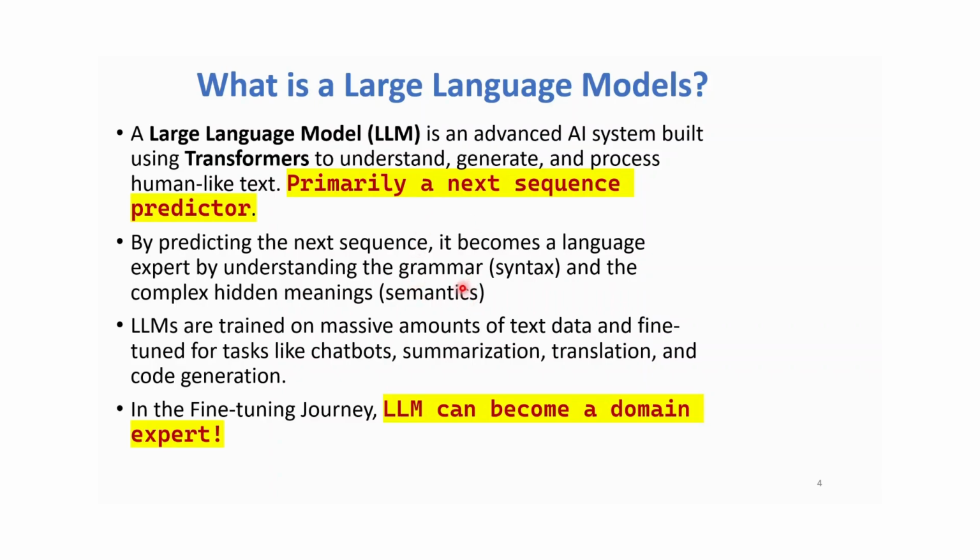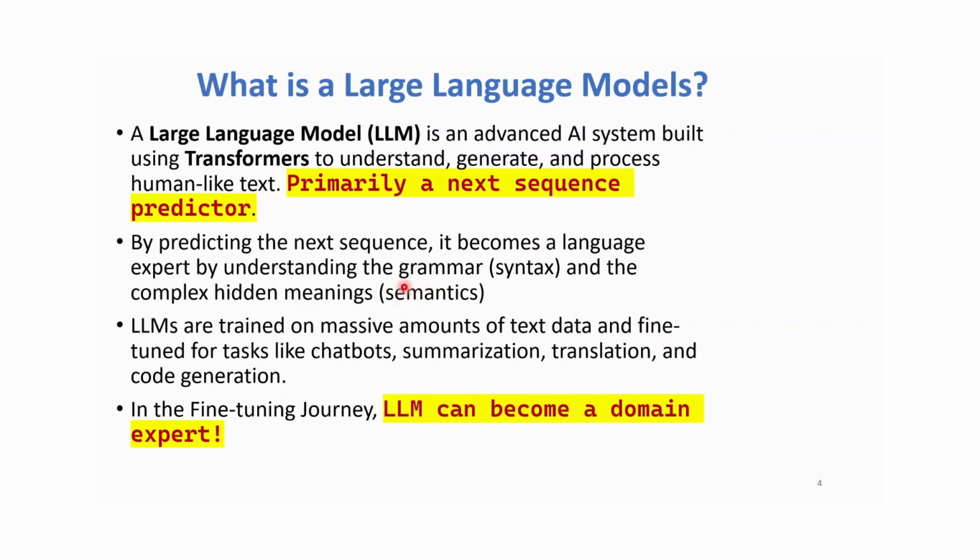Okay, so when a large language model is built for predicting the next sequence, in this journey it becomes a language expert. That's what we need to understand, because when someone is able to predict the next sequence, what it inherently means is that they can understand the grammar, that is the syntax of the language, and also the complex hidden meaning of the language.